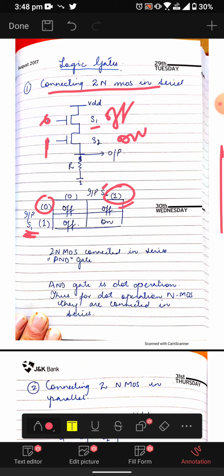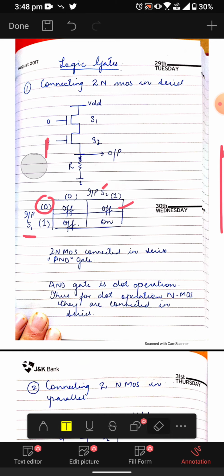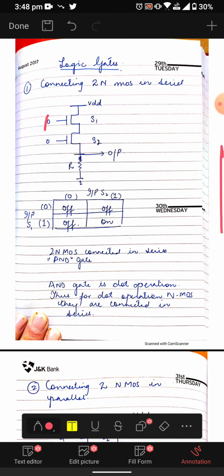Again a logic level 0, or we can say if we connect a bulb at the output, it will be off. Fine. Now let's give 1 over here and 0 over here. Again the same thing will happen. S1 will be on, S2 will be off, but the output will be off or logic 0, because here we'll have an open circuit. Fine.